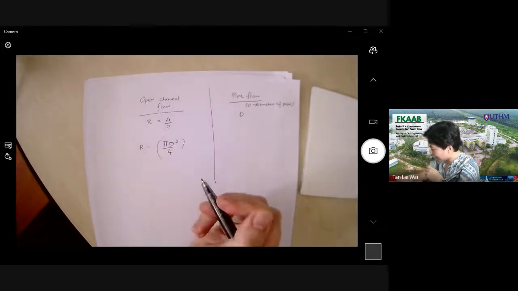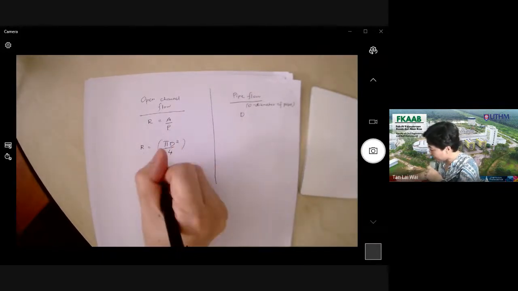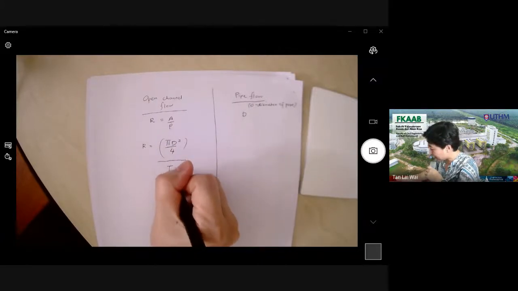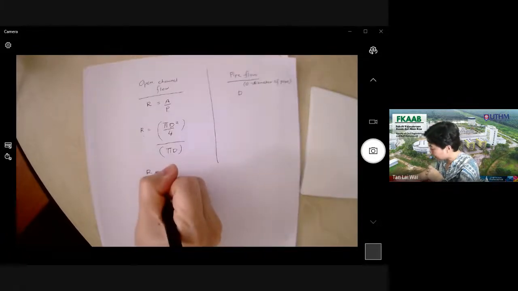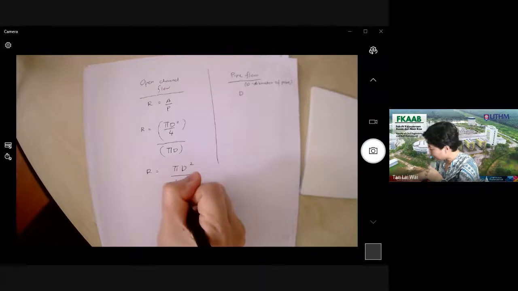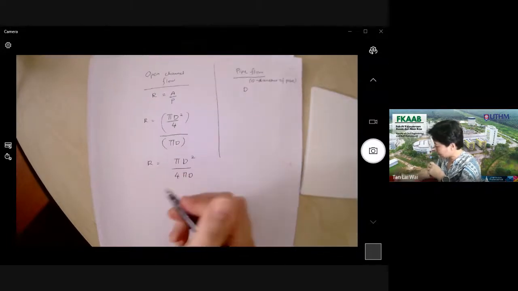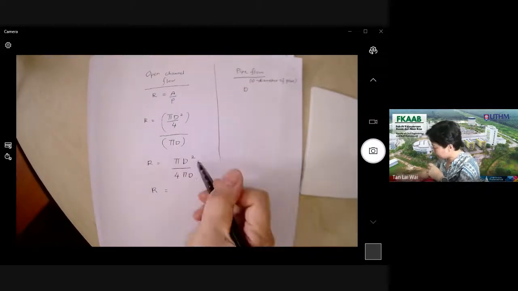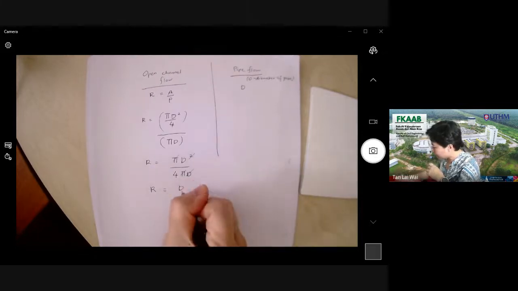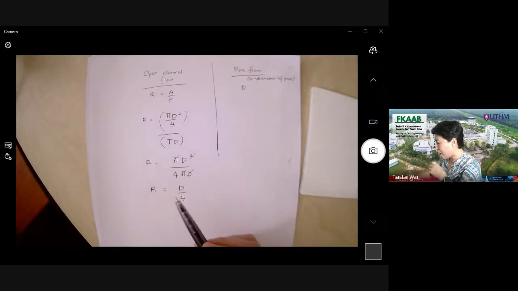This is my A for the pipe flow, and then my P would be pi d. So I'm going to combine this, simplify this, and cancel this. Now, what I'm showing you is R is actually D over 4.